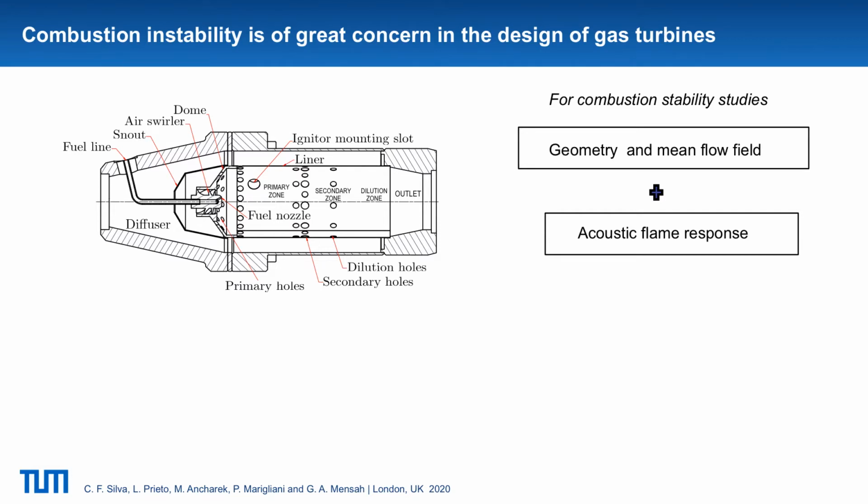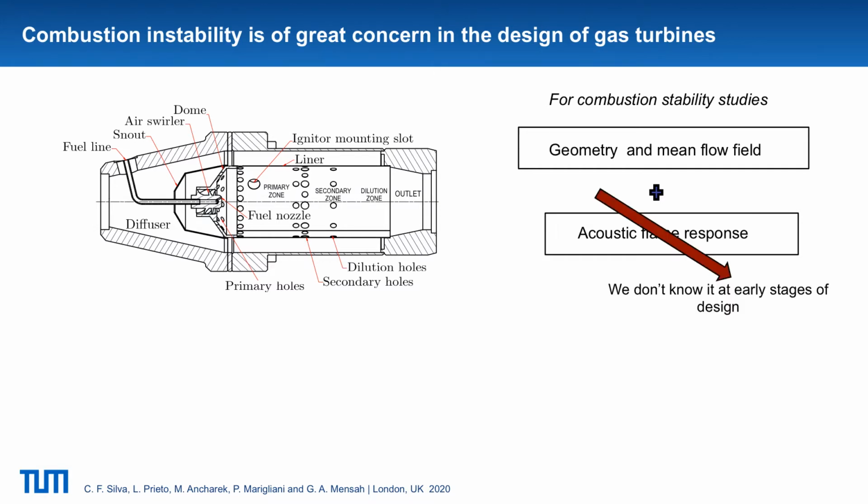For example, even assuming that we have already somehow fixed the geometry and the mean flow field conditions of the combustion chamber, we still need the acoustic flame response, and this is at early stages of design actually unknown.